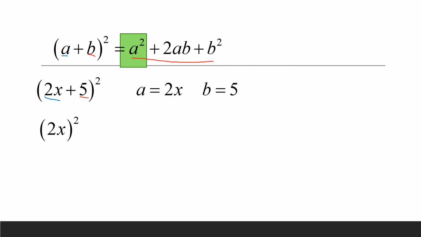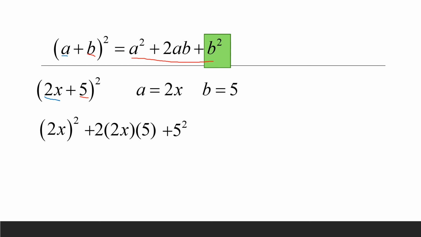Remember, you have to square the whole quantity. Then we have to multiply the a and the b together and multiply it by 2. So that would be 2 times 2x, times 5. And then the last one would be take the b and square it, so that would be 5 squared. If we do the math out, you'd get 4x squared plus 20x plus 25.